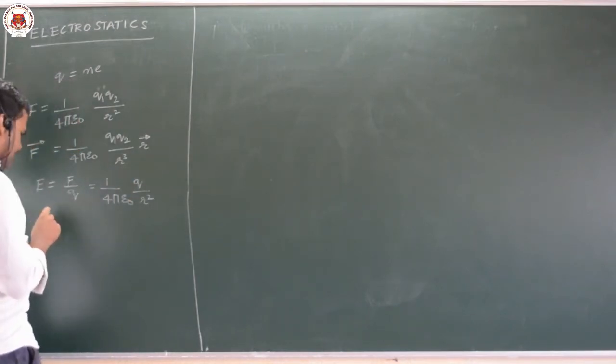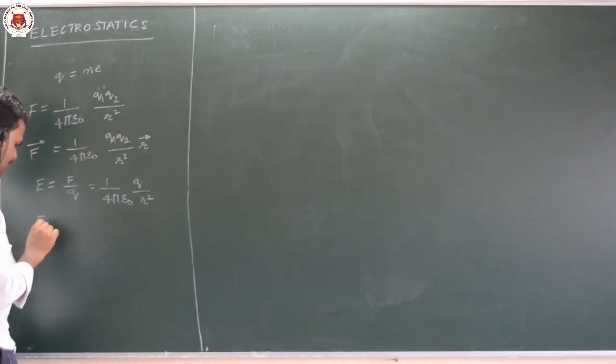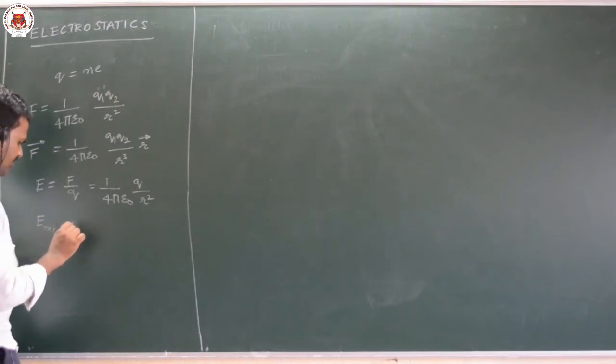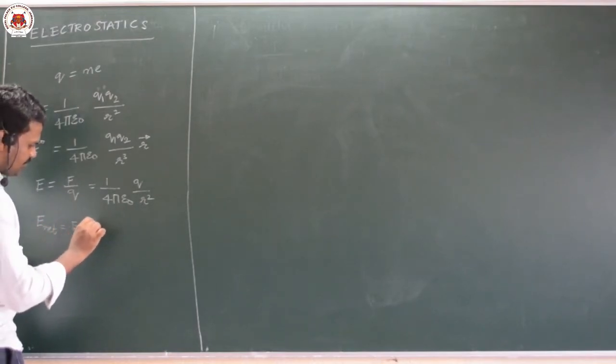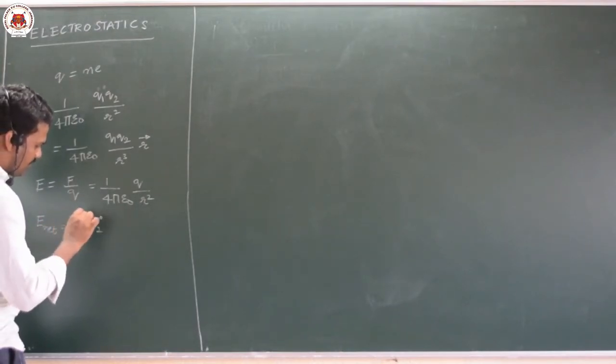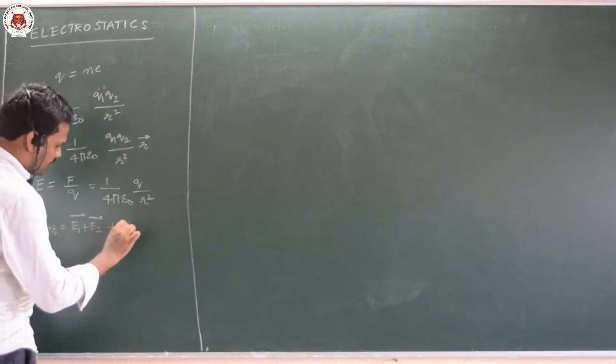If there are many electric fields, net electric field is equal to E1 bar plus E2 bar plus E3 bar and so on.